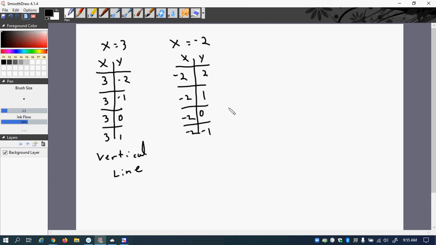And so when we go to graph either the vertical line or the horizontal line, if we plot x equal to negative 2, so here's negative 2, and I plot those points, negative 2, 0 is one of them, negative 2, 1 is another one, negative 2, 2, and negative 2, negative 1.